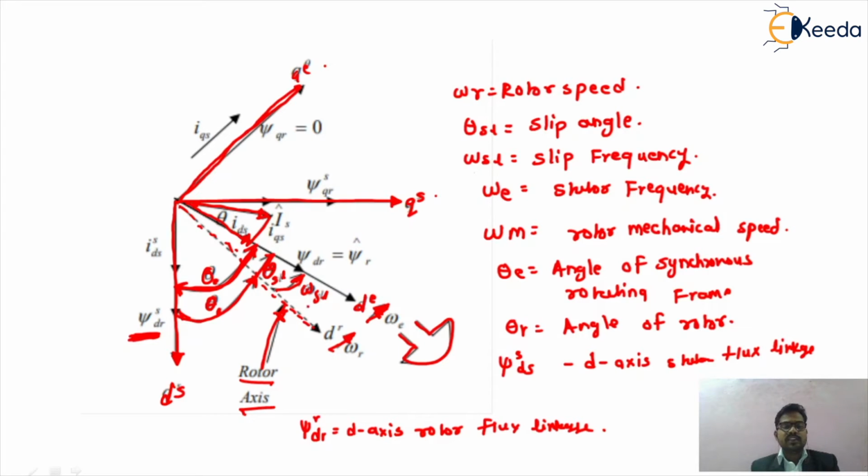Theta sl, the slip angle, is a very important angle, because with its help we control the rotor angle. This is a very important concept in indirect field control.